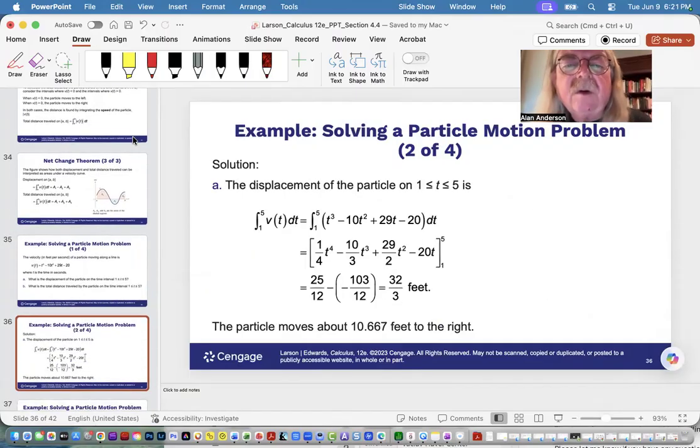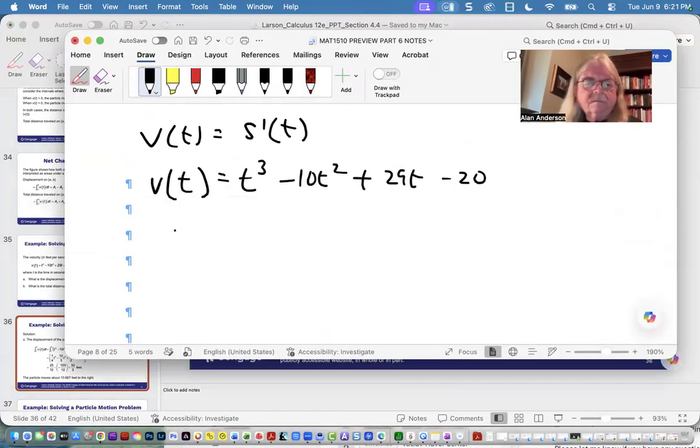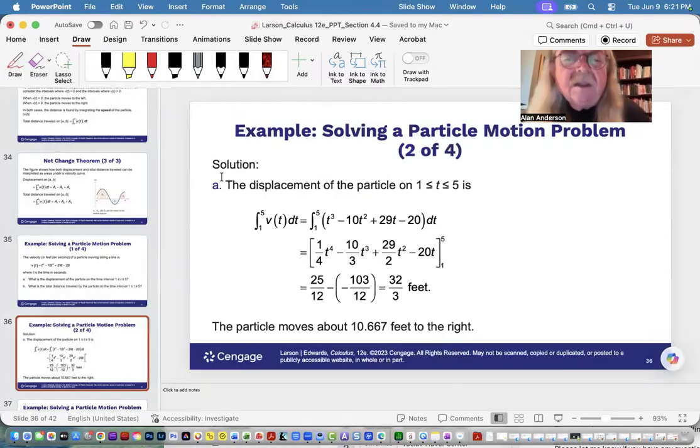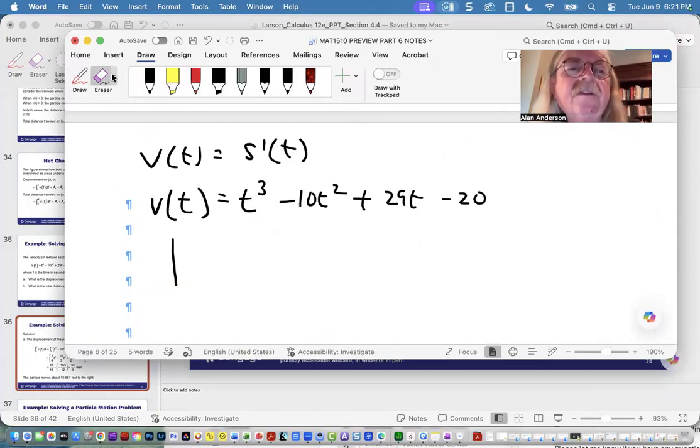So the first thing is going to require us to solve for the velocity. By the way, let me just, oh yeah, it's only defined over 1 to 5.